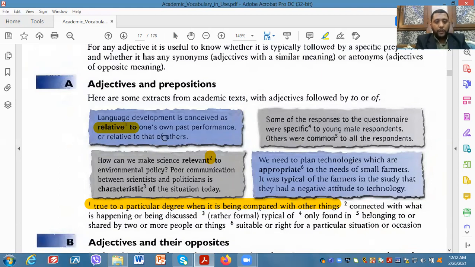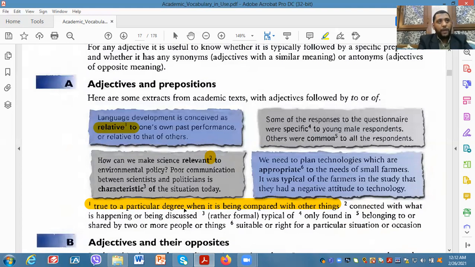Okay, so language development is conceived as relative to one's own past performance or relative to that of others. Relative to means true to a particular degree when it is being compared with other things. It's true, but not 100% true, because it says true to a particular degree.